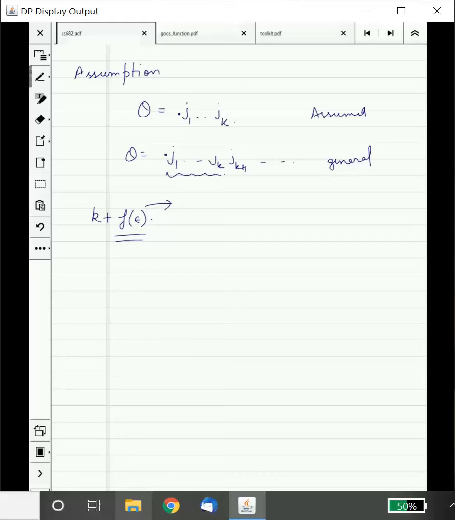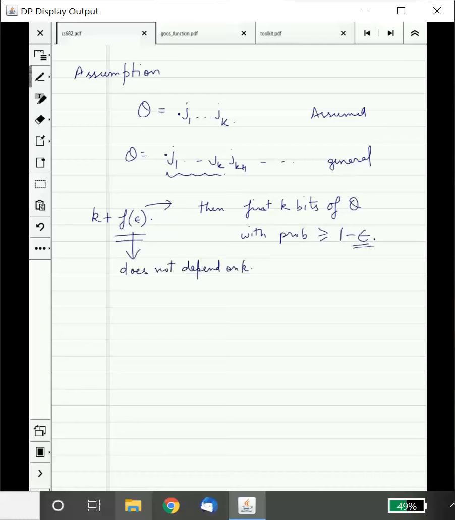Then we will get the first k bits of theta with probability more than 1 minus epsilon. Notice that this does not depend on k. This is just what you want as the epsilon parameter.